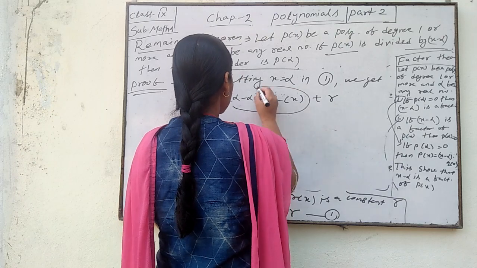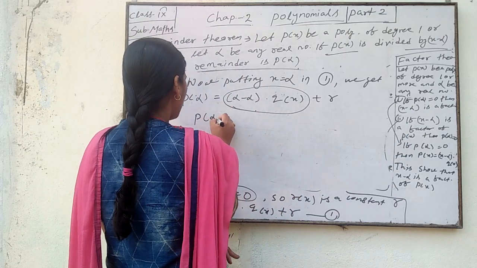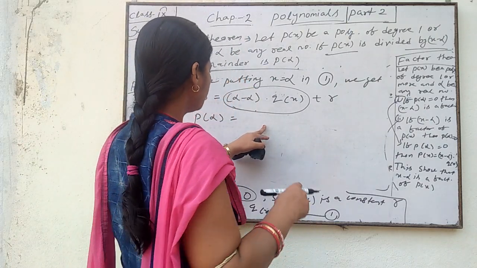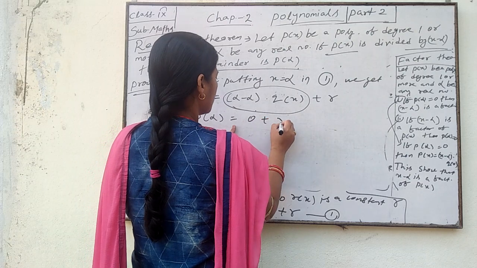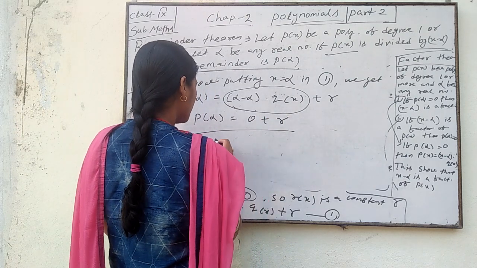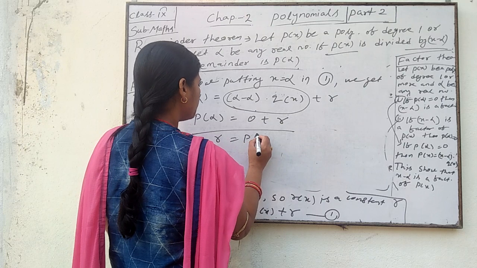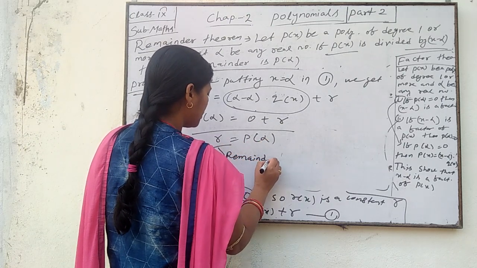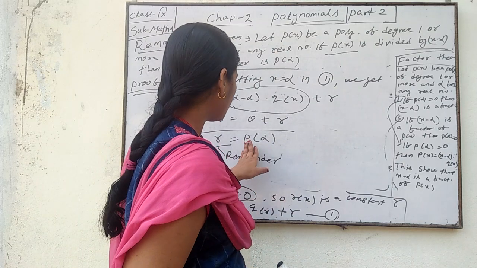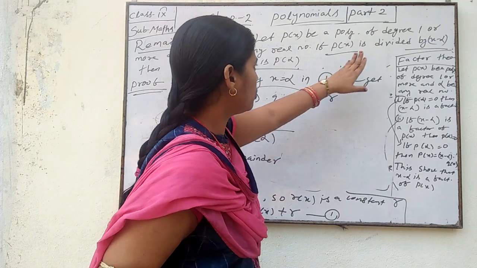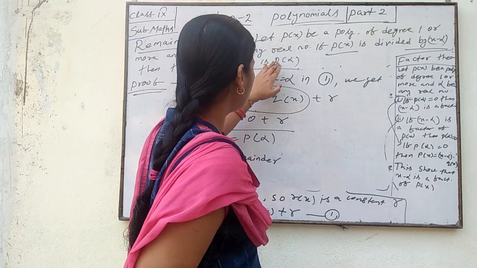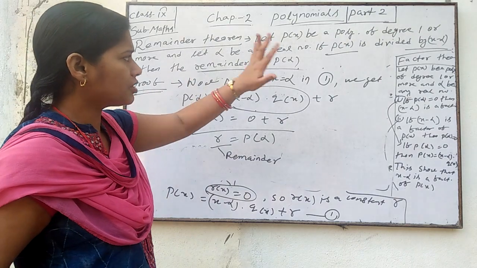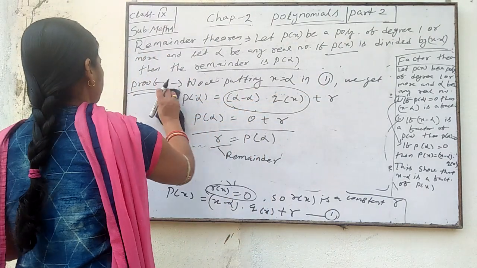This total term is 0. So p of alpha is equal to 0 plus r. So what is left? r is equal to p of alpha, where r is the remainder. The remainder is equal to p of alpha. Look here, the remainder is p of alpha. So this is your remainder theorem. Now the last theorem is your factor theorem.